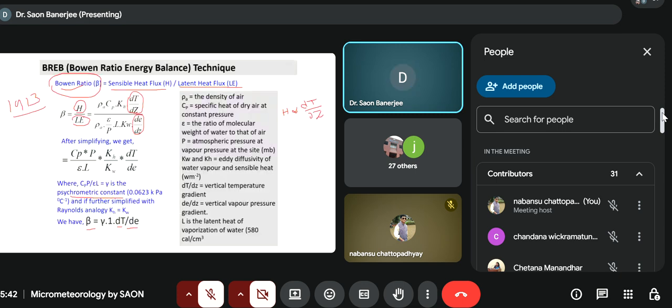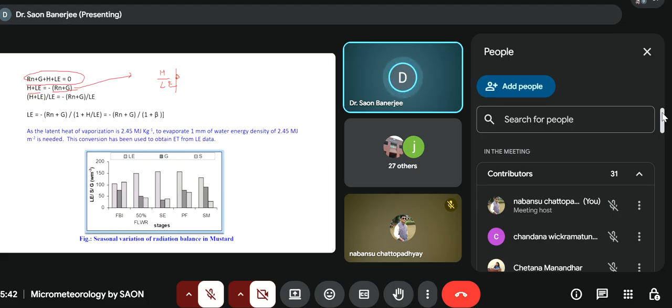So Bowen ratio H by Le, I'm writing this portion, plus Le by Le, which is 1. So 1 plus Bowen ratio on one side is equal to, on that side, Rn plus G, with a minus, divided by Le.